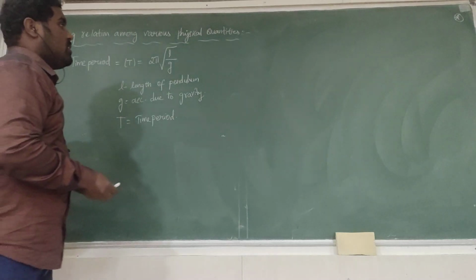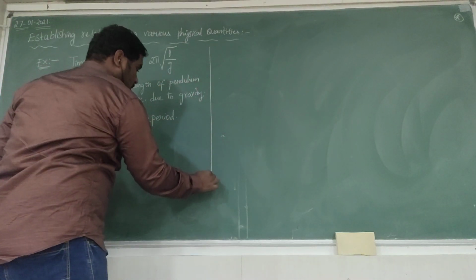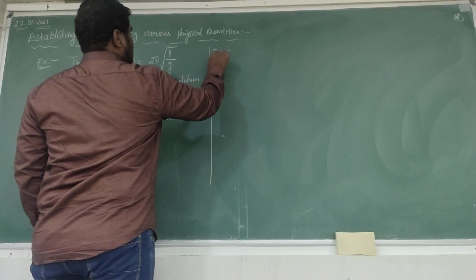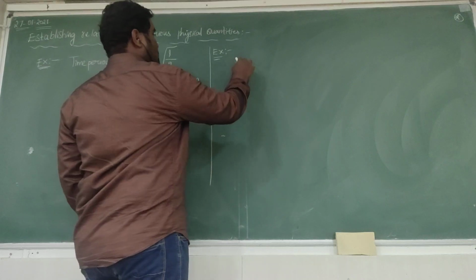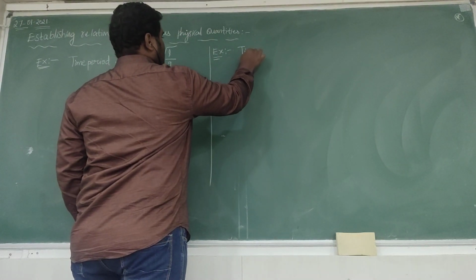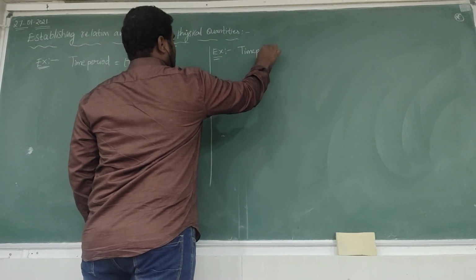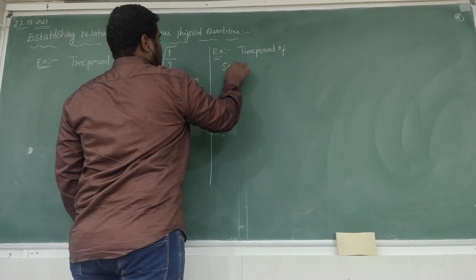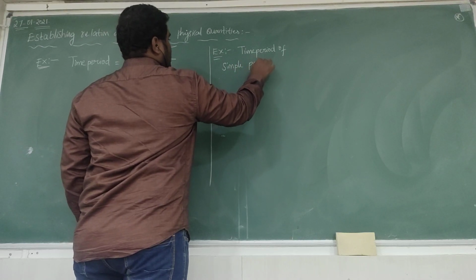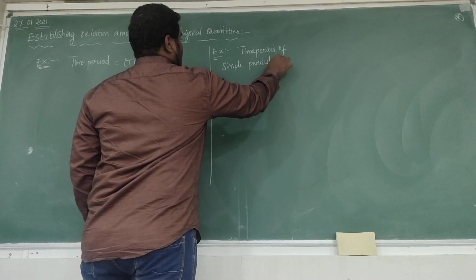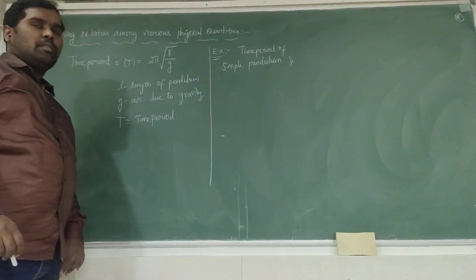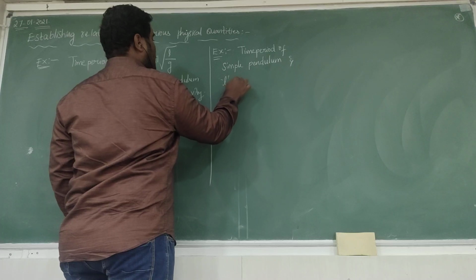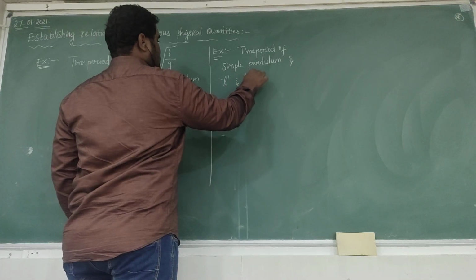So let me consider the problem like this. Example: establish the relationship between the time period of a simple pendulum and the length of the simple pendulum and acceleration due to gravity.